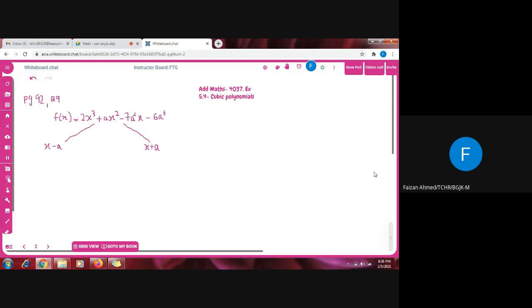This is the first part, and in the second part we have to solve this polynomial and find the roots, or in other words the value of x, but the values of x will be in terms of a, since we cannot find the value of a in this question. So we have two parts. The first part, we have to determine whether x minus a or x plus a is a factor of this polynomial or not, and in the other part we have to solve it.